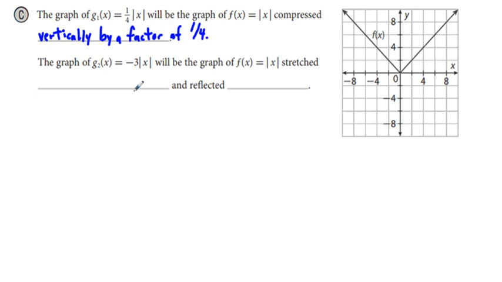And then we have this next one, the graph of g2 of x equals -3 absolute value of x will be the graph of f of x equals absolute value stretched vertically. And I'm going to just abbreviate vertically by a factor of 3.